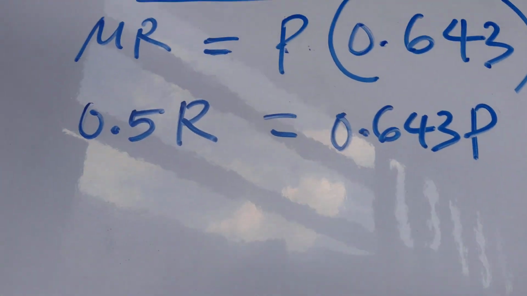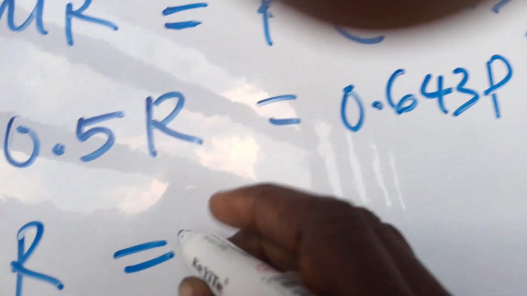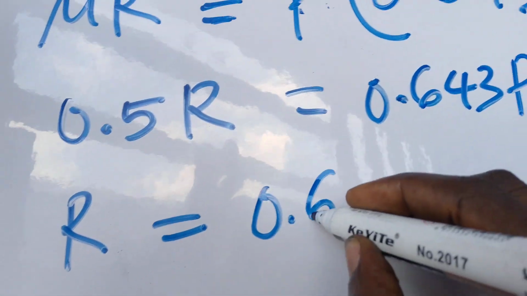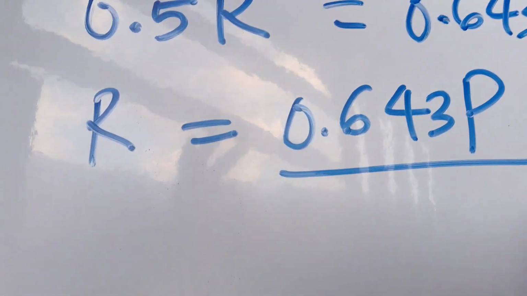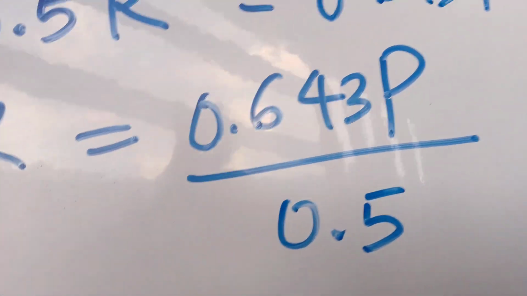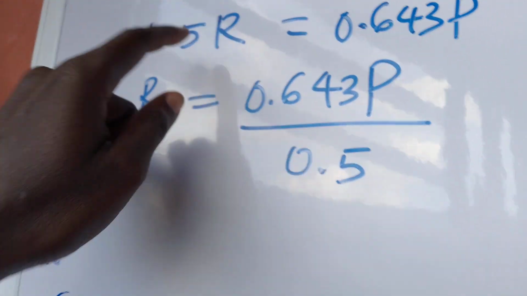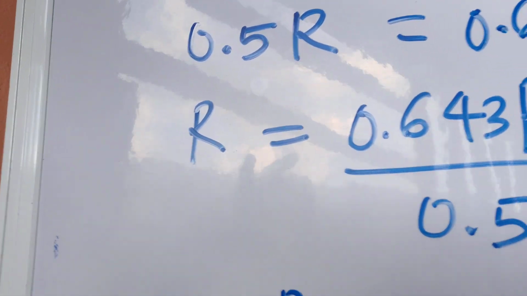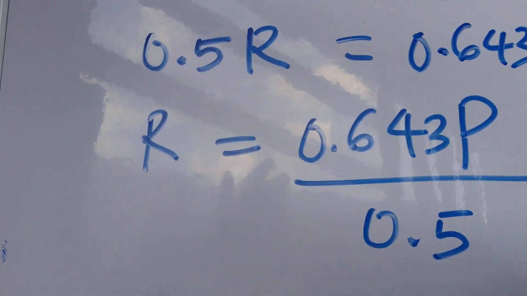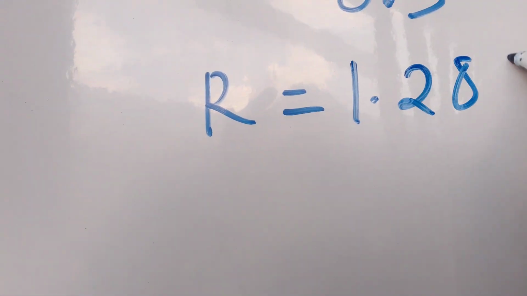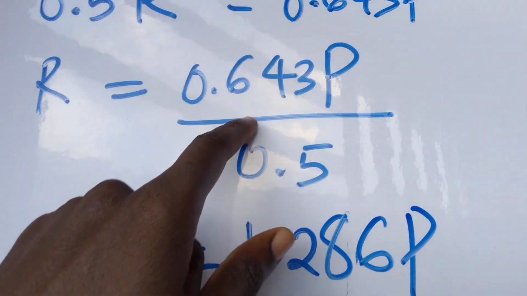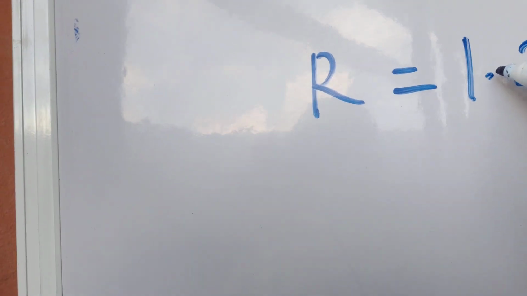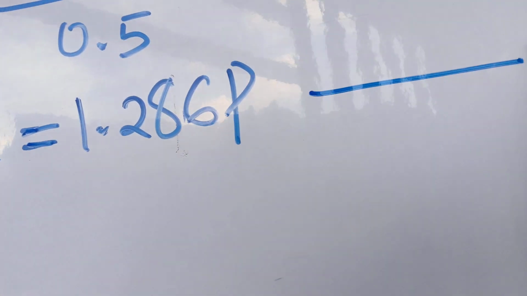Then we can choose to make R the subject of the formula. R will be equal to 0.643 P divided by 0.5, that is, dividing by the coefficient of R. So 0.643 divided by 0.5 is 1.286, multiplied by P. That's 1.286 P. I call this equation 2.